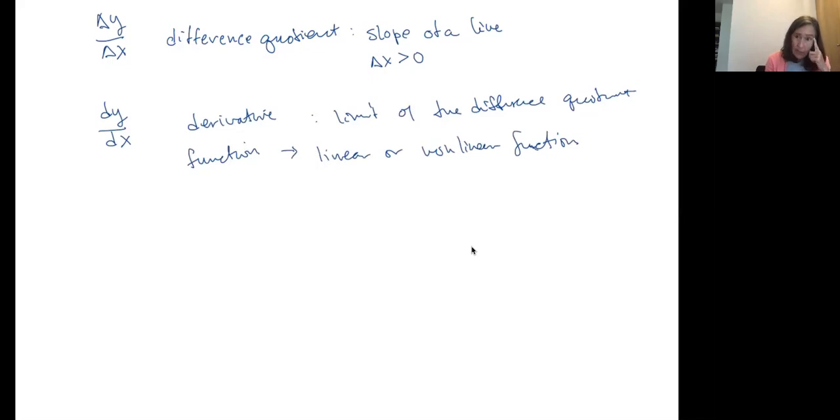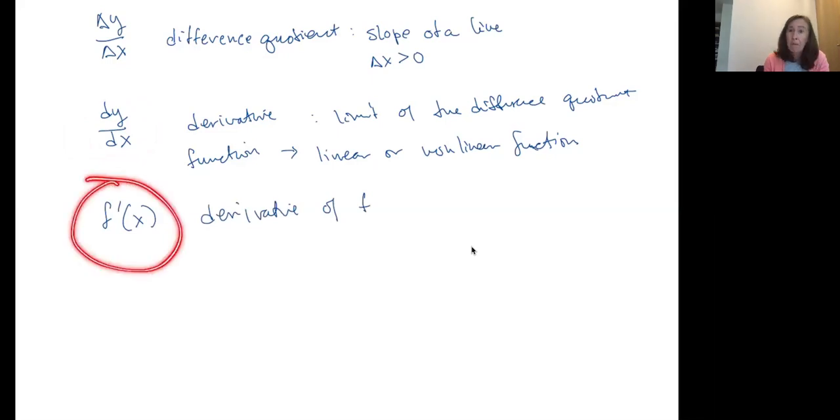So this is one way to write the derivative, and it's something that you'll see a lot. Another way to write the same thing equivalently is f prime of x. So this is also the derivative. Sometimes people will say this is the derivative of y with respect to x, the derivative of f with respect to x.